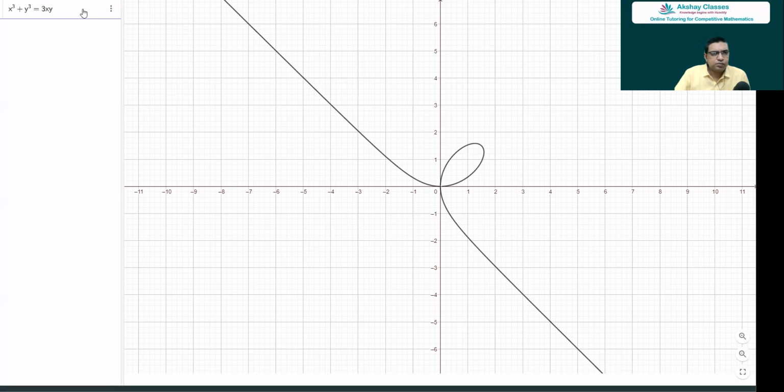Now, the next line, I will plot x plus y plus a. A was 1, right? So the next equation, x plus y plus 1 equal to 0. We can see the equation of this line.